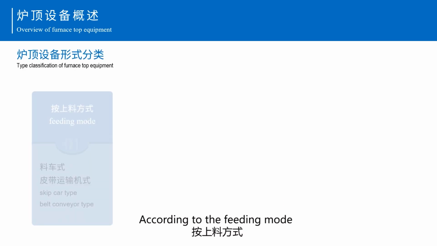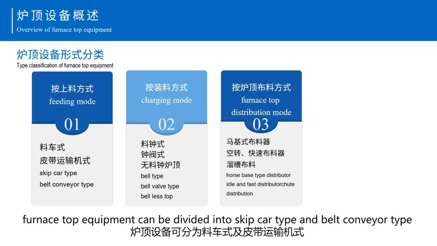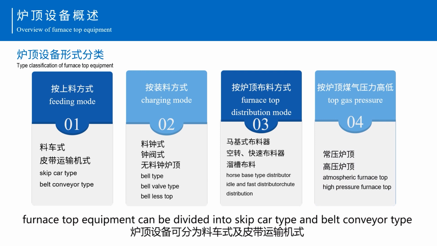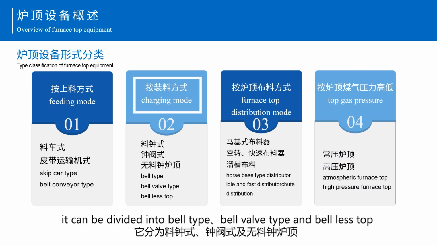According to the feeding mode, furnace top equipment can be divided into skip car type and belt conveyor type. According to the charging mode, it can be divided into bell type, bell valve type, and bell-less top.